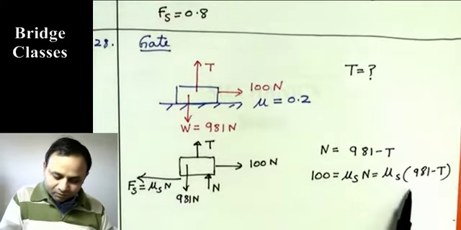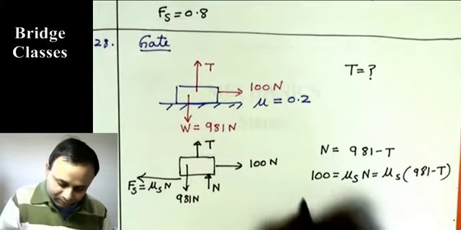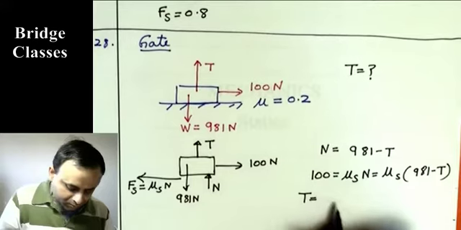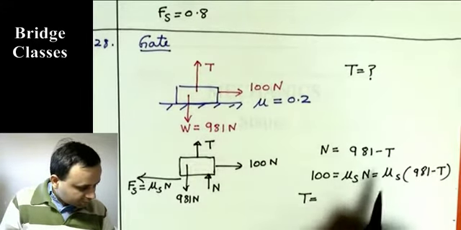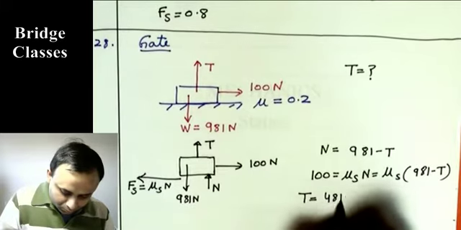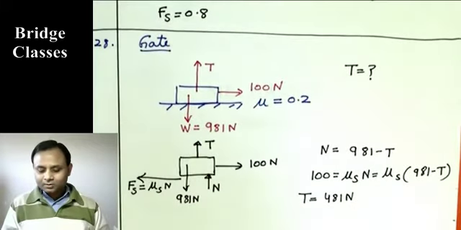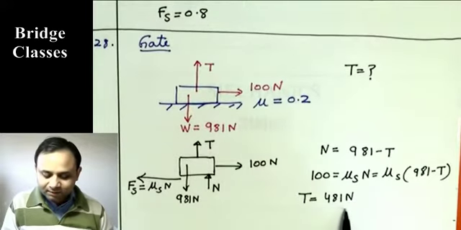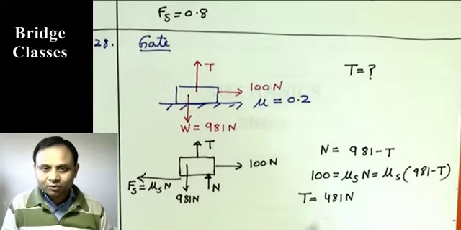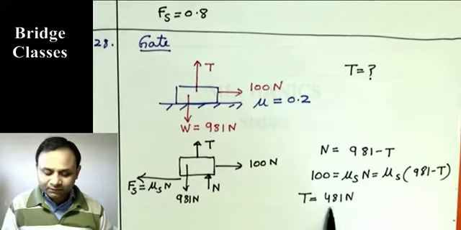You plug the value of mu in this, and that gives you T. So T is 481 Newton. At this tension, the body is about to move. If tension is more than this, the body will actually move. And if it is less than this, we don't have impending motion.